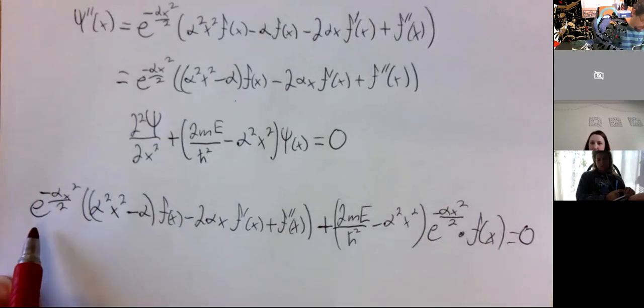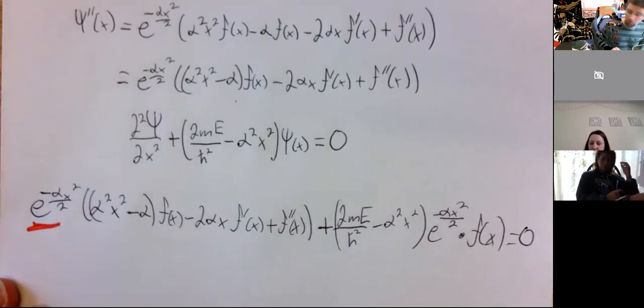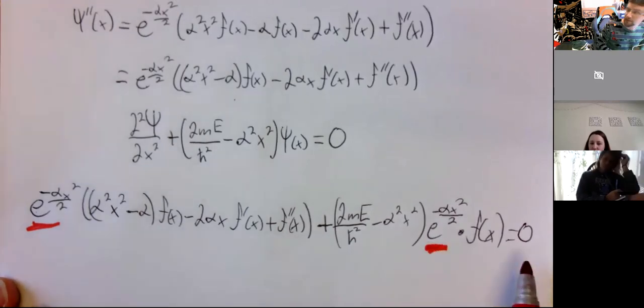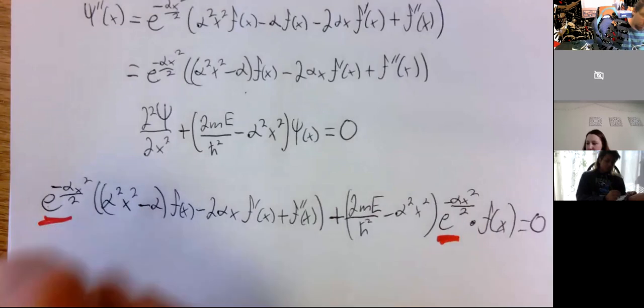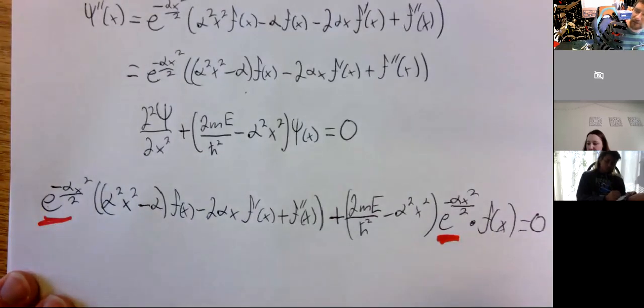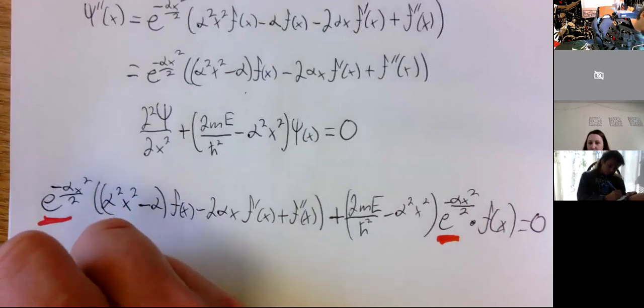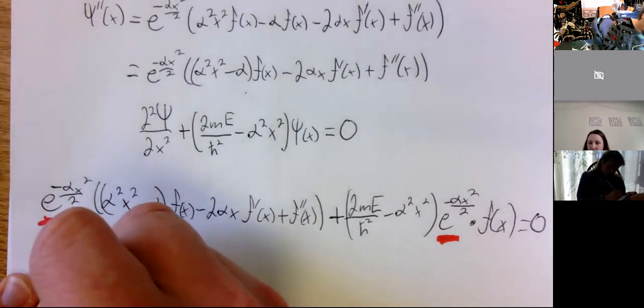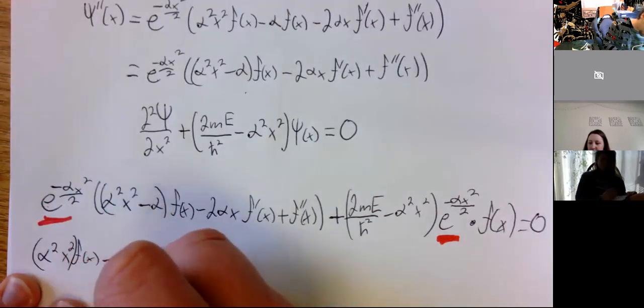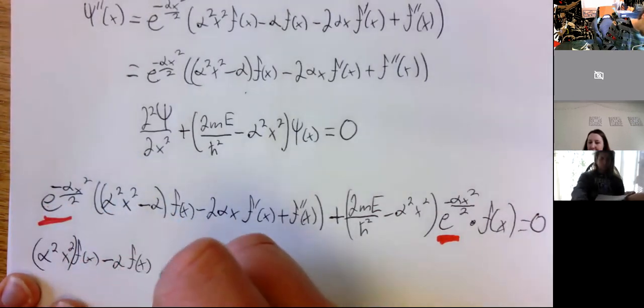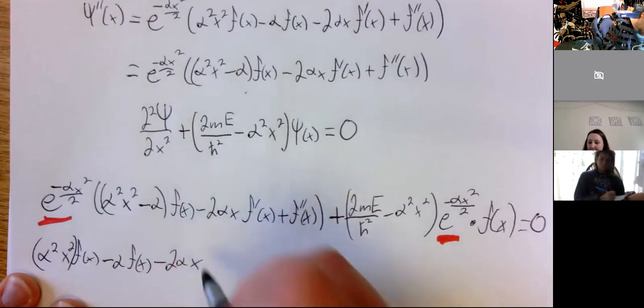We're going to pull it out, and since it's 0 on that side, we can just get rid of it. Now I'm going to distribute the f of x through because it's going to make our life a little bit easier.